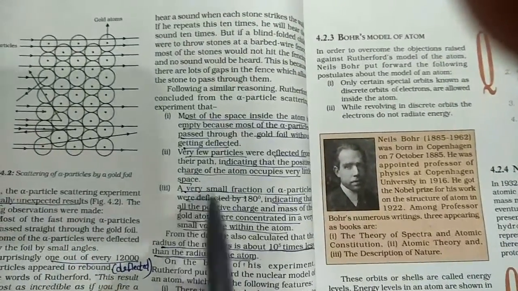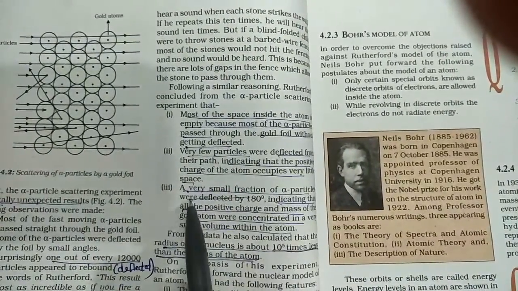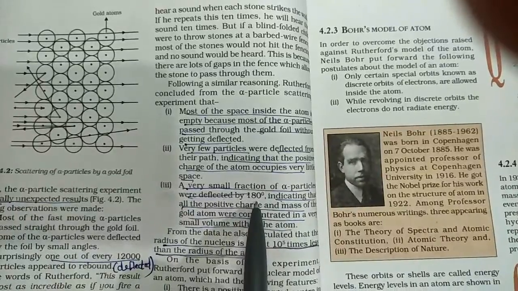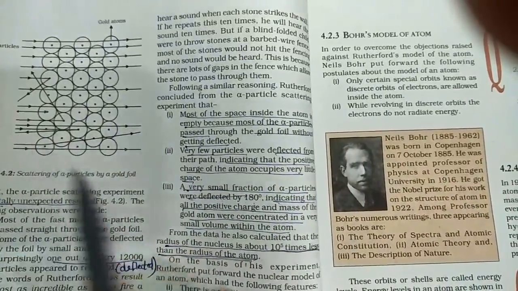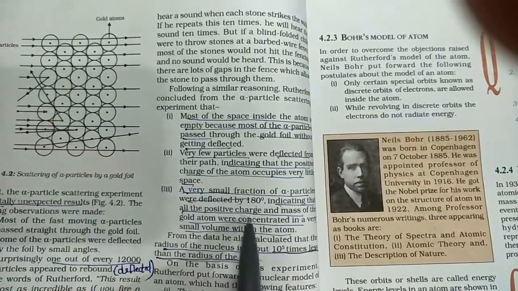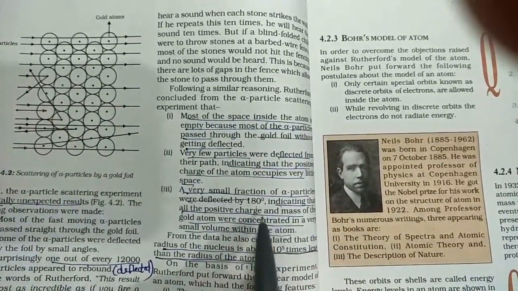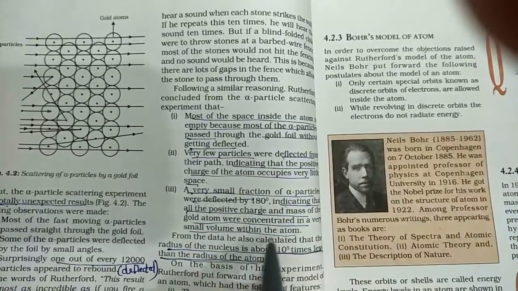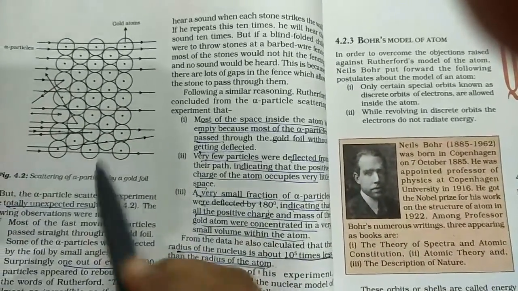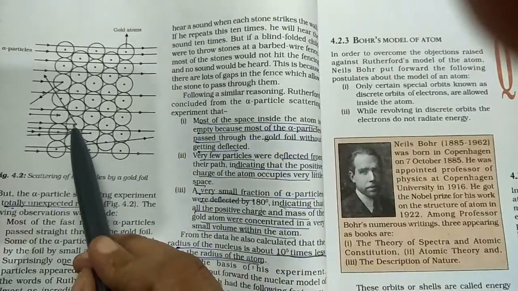A very small fraction of alpha particles were deflected by 180 degrees. So this is the 180 degree deflection, indicating that all the positive charge and mass of the gold atom were concentrated in a very small volume within the atom. So everything that is present inside the atom is present here.